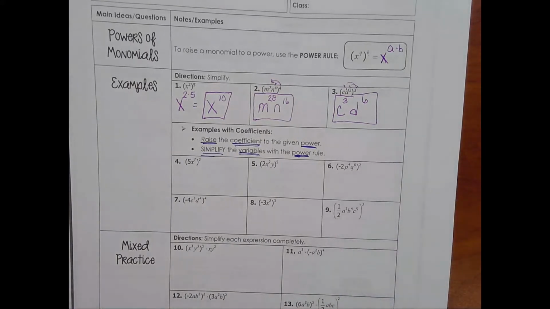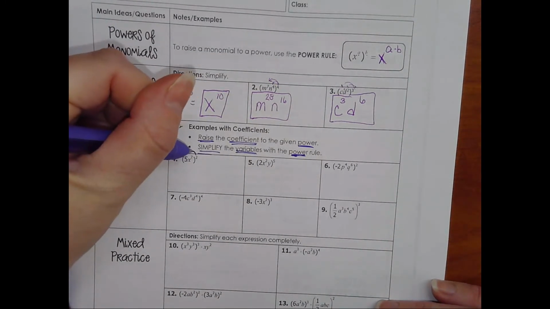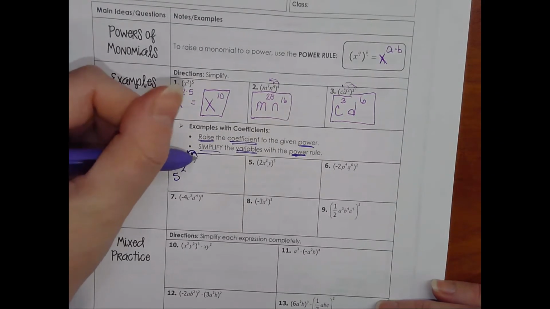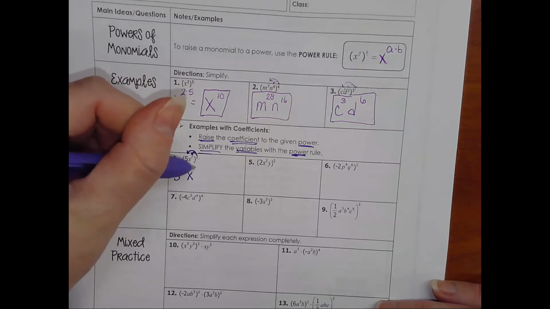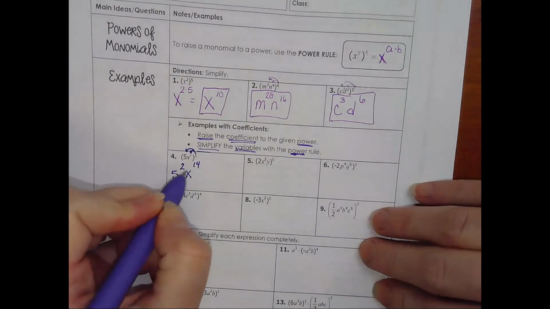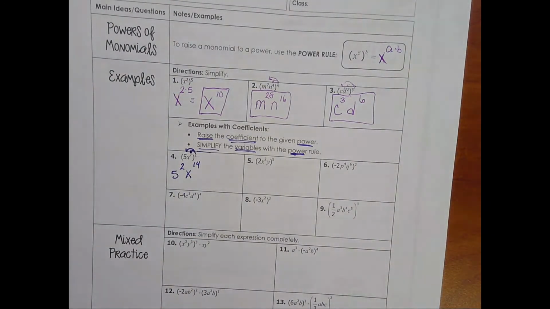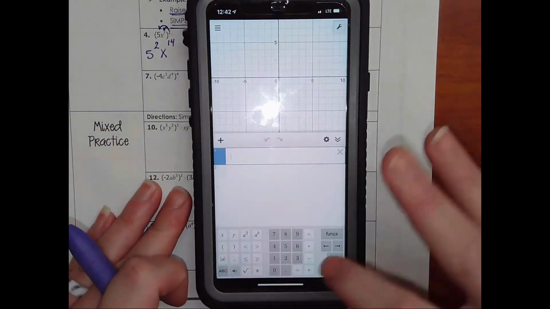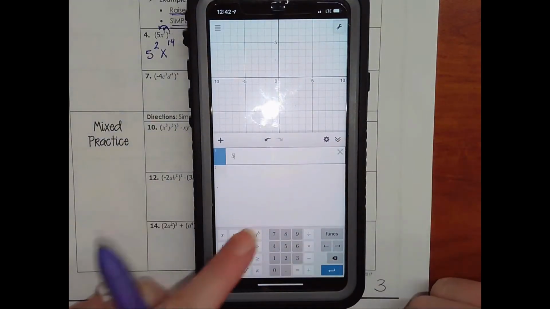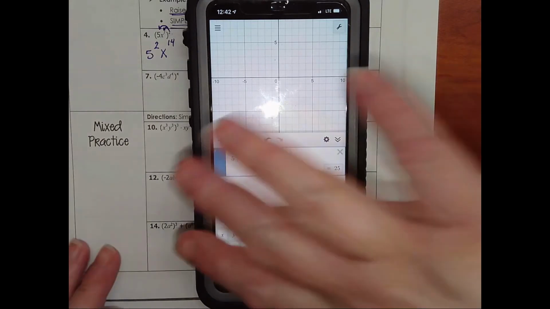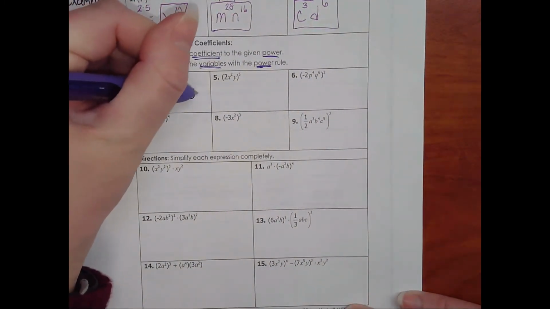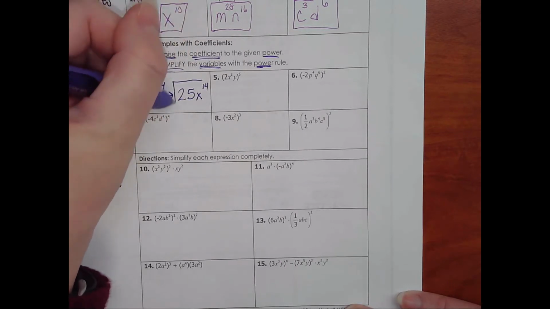So, for example, number 4, we're going to distribute, and this becomes 5 squared. 7 times 2 is 14. We can square the 5 though. If you have your Desmos, and you take 5 squared, you get 25. So this actually is 25 x to the 14th.